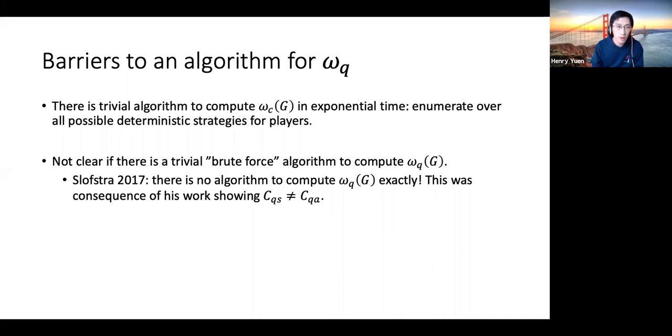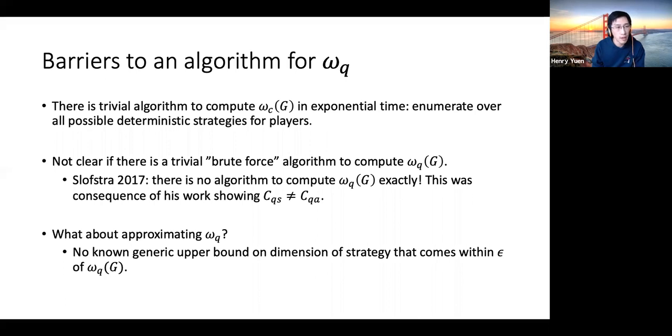So already we see some differences between the set of quantum correlations and the set of classical correlations. In the exact case, these quantum correlations are impossible to optimize over. But then you can ask, what if you just wanted some approximation? And still we don't know of any algorithm to do so.